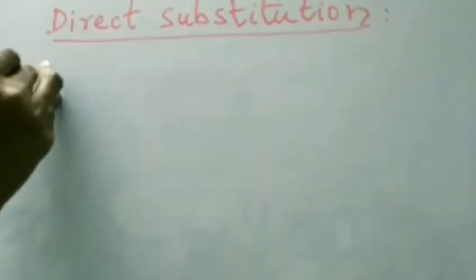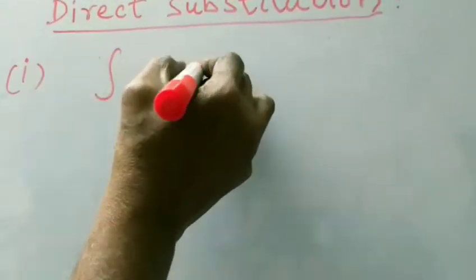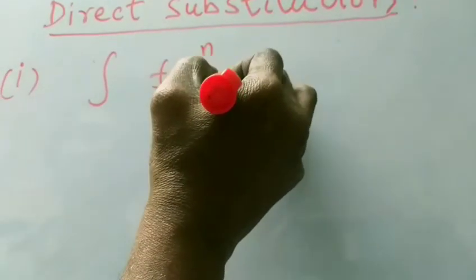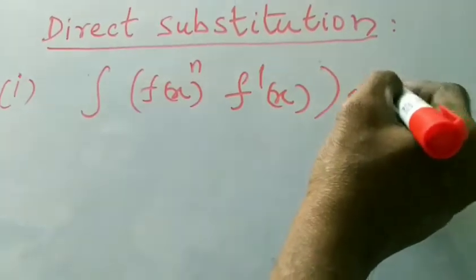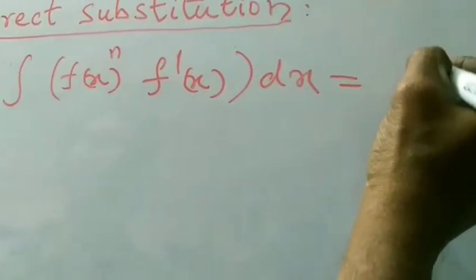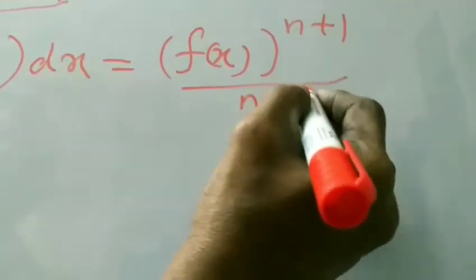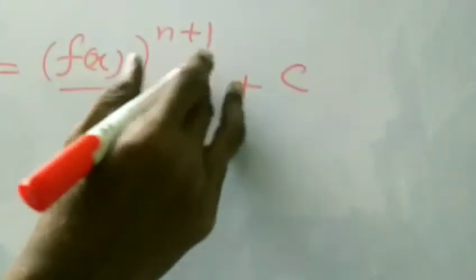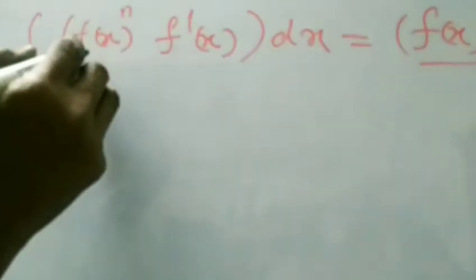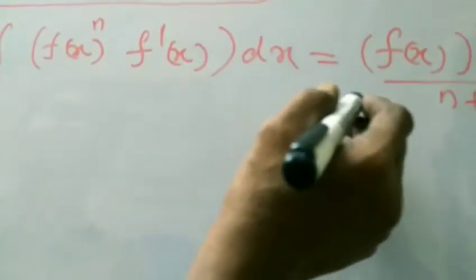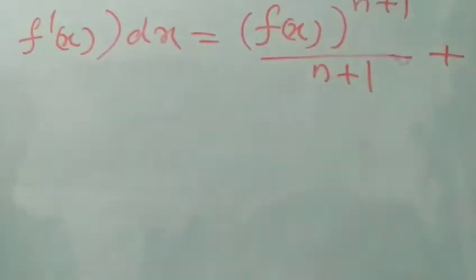In this, the first concept is integral of f of x whole to the power of n into f dash of x whole dx is equal to f of x whole to the power of n plus 1 by n plus 1 plus c. This is the first one in the direct substitution.